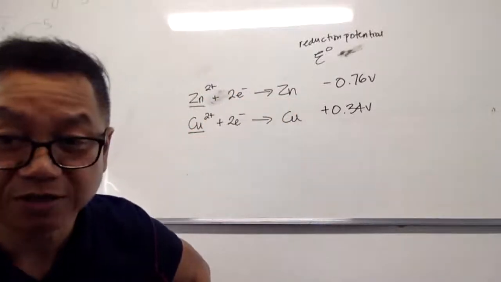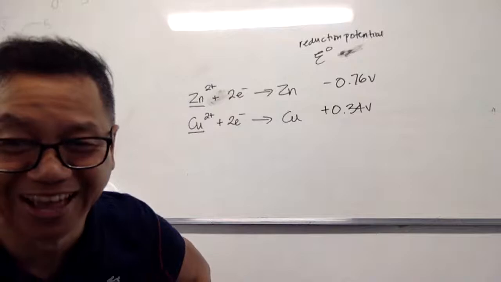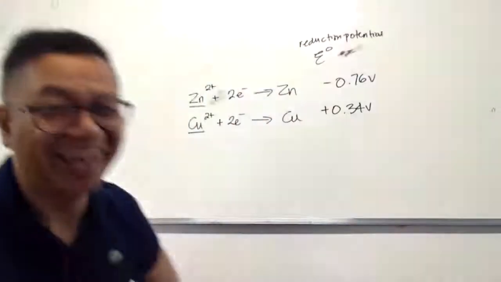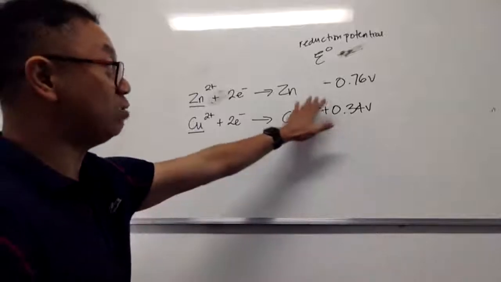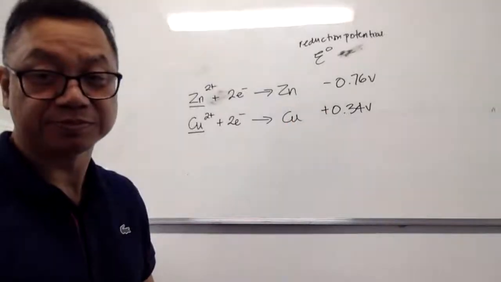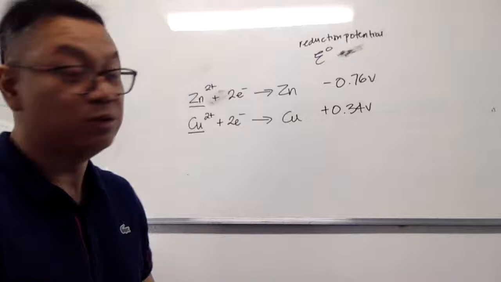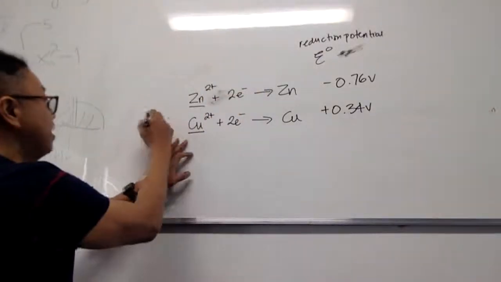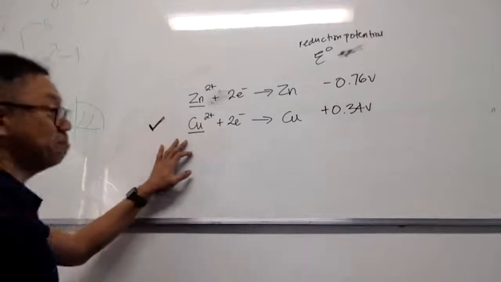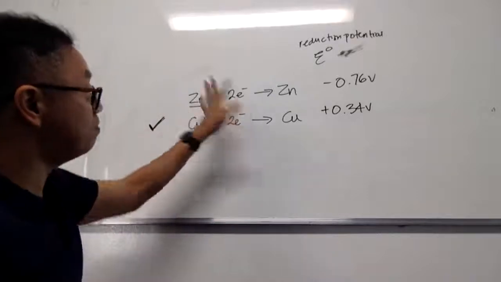So copper 2 plus has a greater tendency to be reduced, and not the zinc 2 plus. Therefore, which one will be oxidized? It's hard to write copper 2 plus. So what will happen to zinc? We need to flip the zinc. Between these two, this one has a greater tendency to happen, so we flip the zinc.